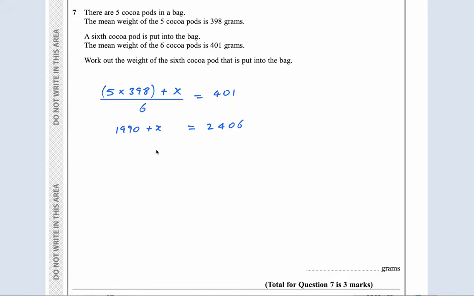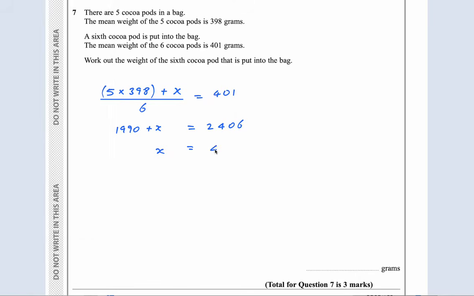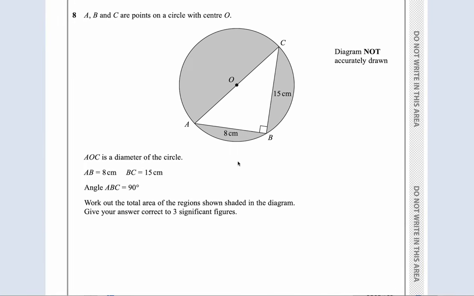And then X is equal to this minus this. 2406 minus 1990, which is 416. 416, which is correct. Okay, question 8.